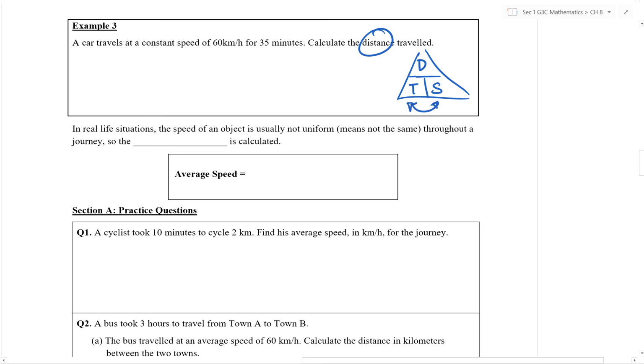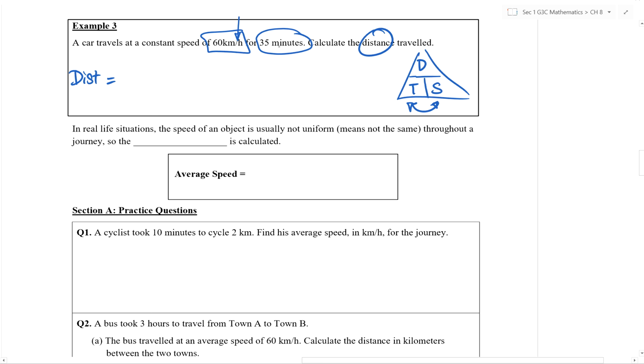Okay, but take note, here we have the speed in kilometers per hour, but this time given is in minutes. So we have to ensure that the units for time are constant. It is up to you to change the hours to minutes if you are more comfortable with that, or to change the minutes to hours. So as mentioned, from the triangle, distance is equal to time times the speed, or speed times time, they are the same.